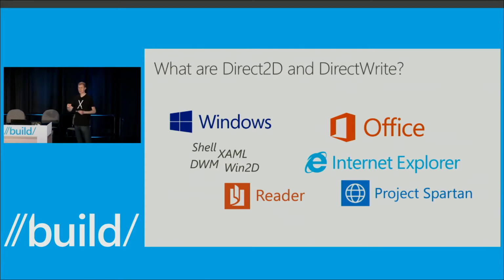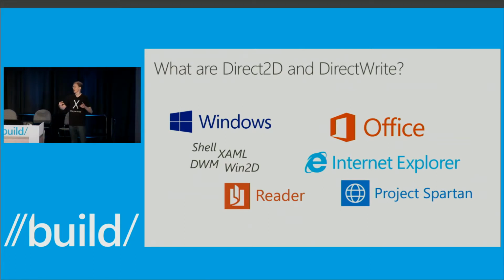Now, if you take it a step further and you use one of our new APIs, Win2D, then you're also taking advantage of the hardware acceleration of Direct2D and also taking advantage of DirectWrite. Now, incidentally, if you didn't get a chance to check out my colleague Simon Tao's talk on Win2D, I highly encourage you to go online and check it out. It's some really great stuff.